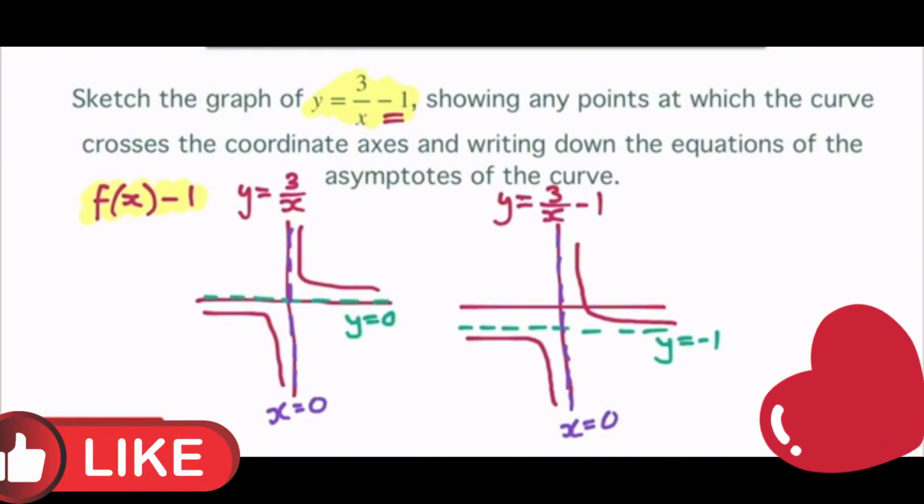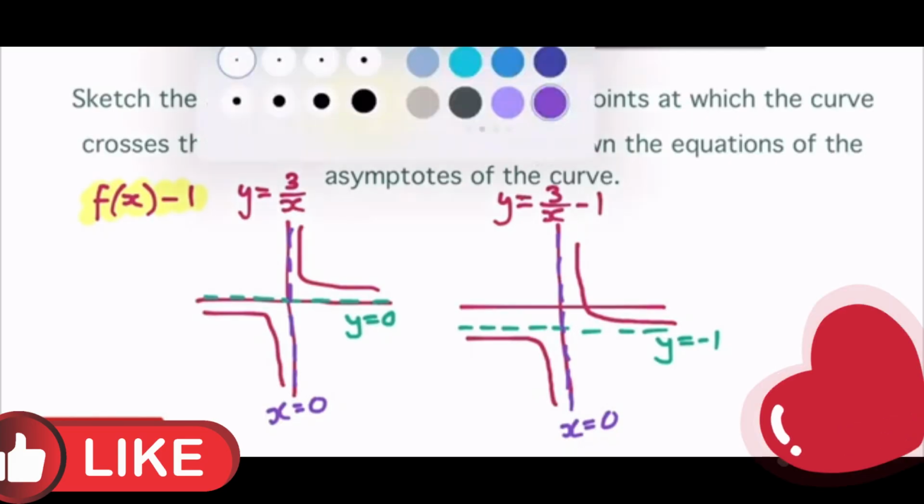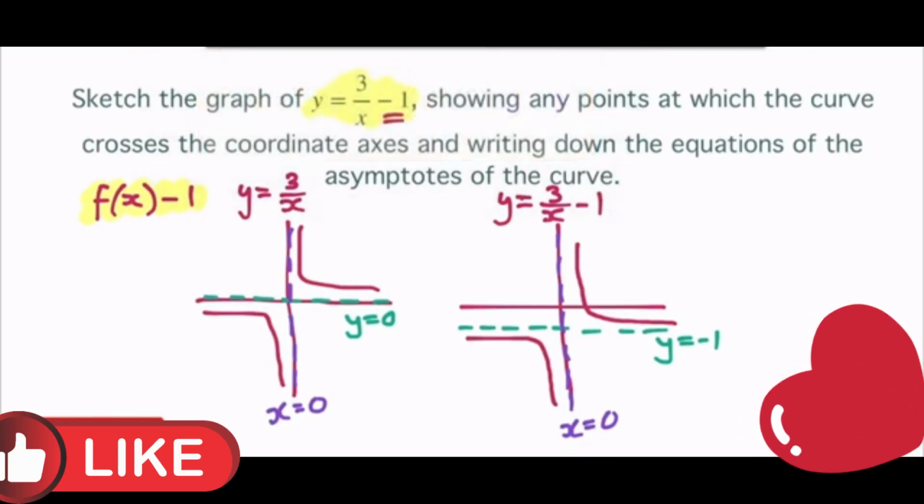Now there's one more element that we need to have a look at, because obviously on our first graph it never crosses over the axes, but now we've moved it down, this one on the left does cross the axes. It crosses over just here at that point. So we need to find out what that coordinate is.